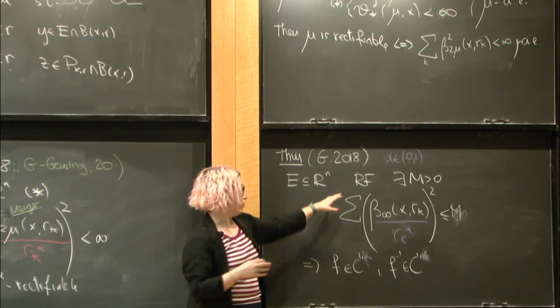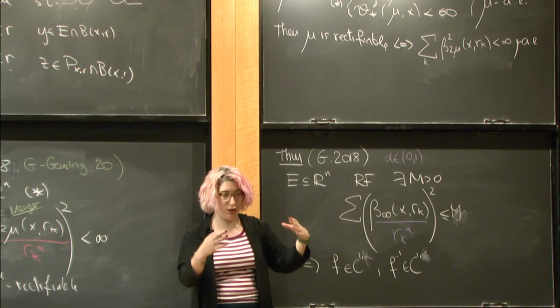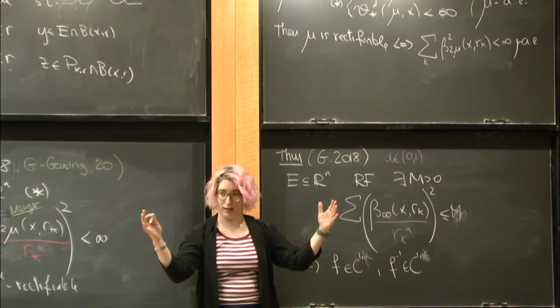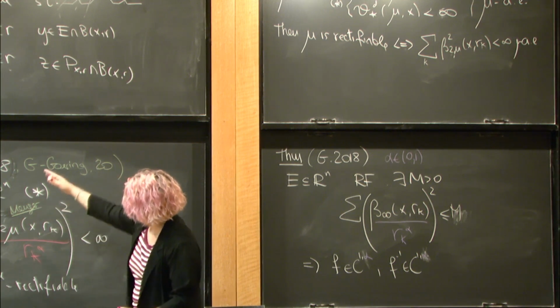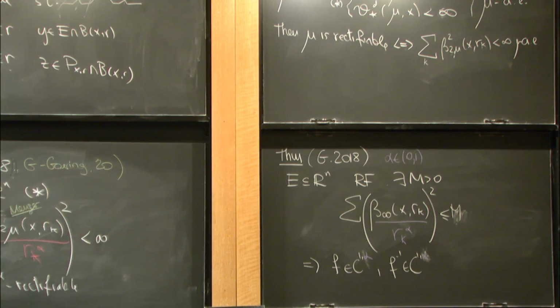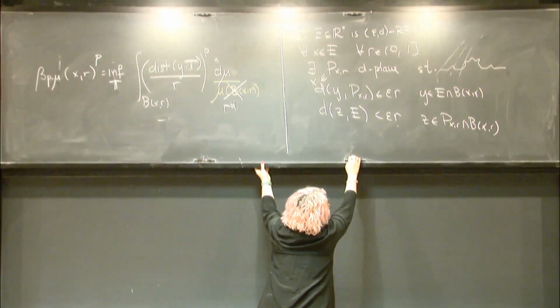So I believe Reifenberg flat is overkill, you're requiring a lot. But here we don't have Reifenberg flatness, so I thought it was a good question to ask, what about the converse? And so I'll put this up and this down.